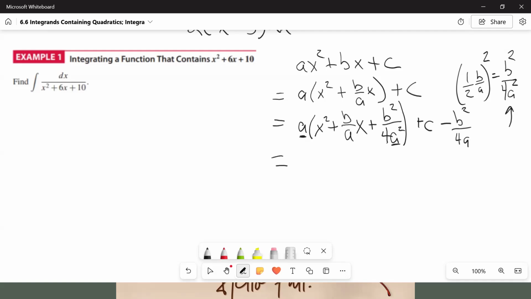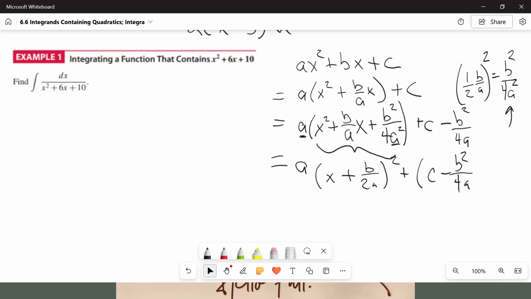So then this quantity here is a perfect square. So we can write that as a times x plus b over 2a squared plus the quantity c minus b squared over 4a. Okay, so that's how you complete the square.